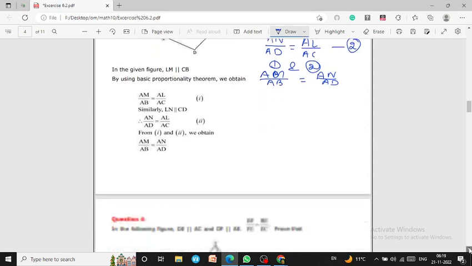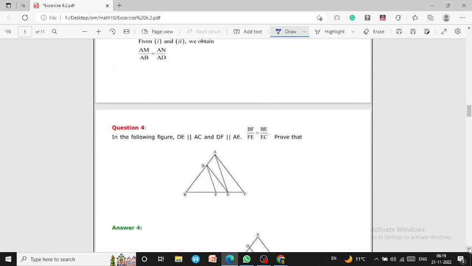Now the next question. In this question we have given DE parallel AC, and this is the full figure.